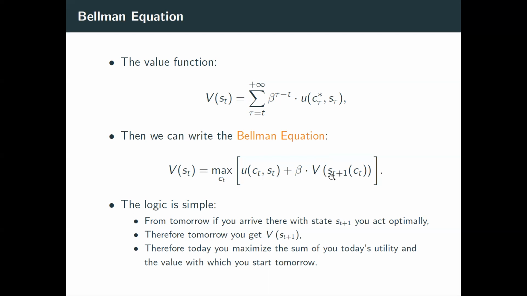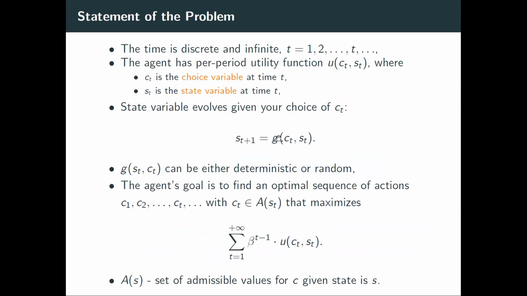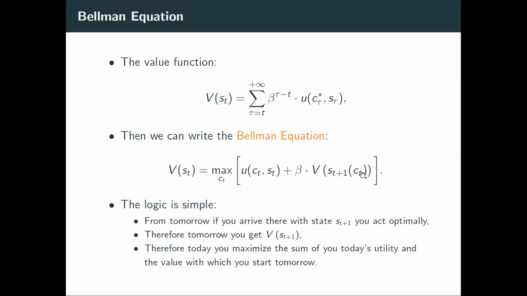Here I specifically write ST plus 1 as a function of CT. It would be more correct to write it as a function of CT and ST as well, so additionally I will add ST. What is important is that CT itself, the one you choose exactly at time T, is relevant for how ST plus 1 looks like. That's exactly to underline this.